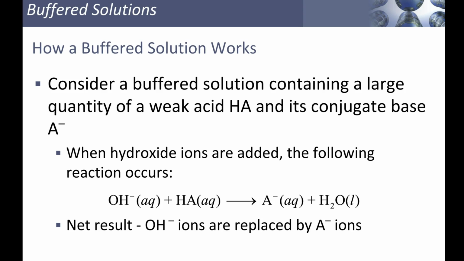So consider a buffered solution that has a large quantity of weak acid and a whole bunch of its conjugate base. And you add hydroxide ion to this buffered solution. When you add the hydroxide ion, what does the hydroxide ion do? It takes the what? The hydrogen ion. The hydrogen ion from HA, leaving you with A minus and water.